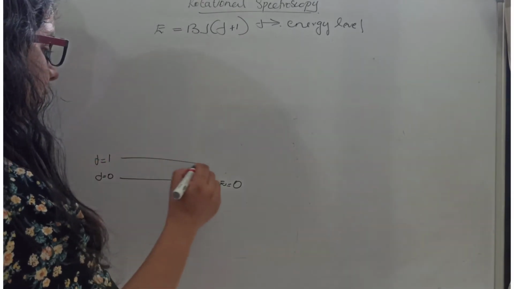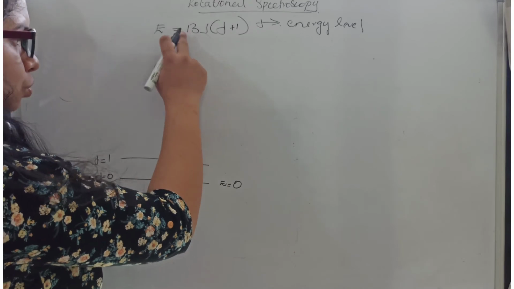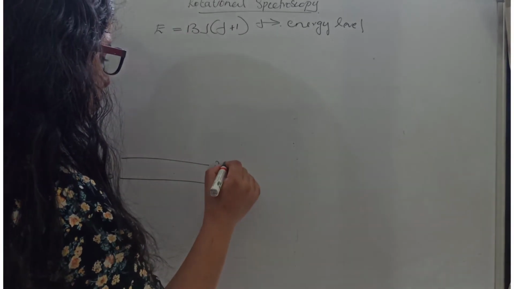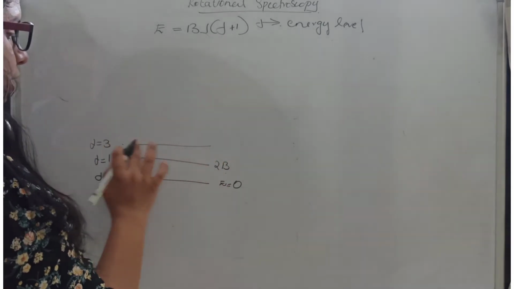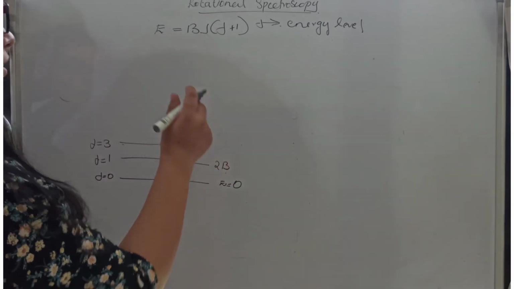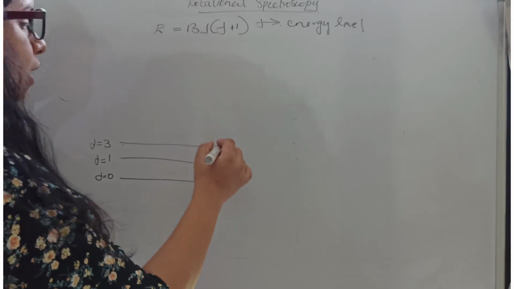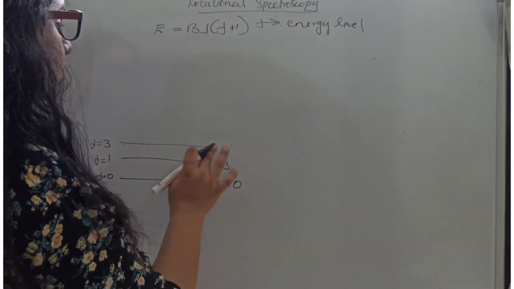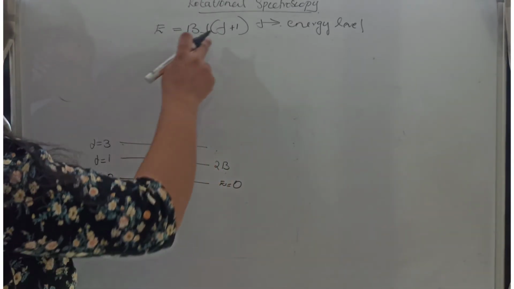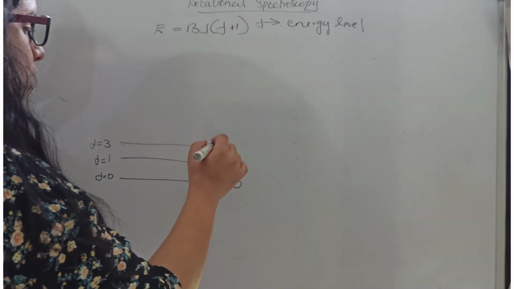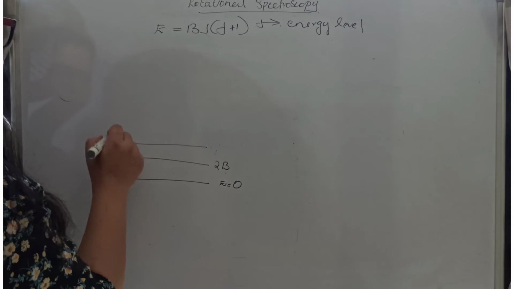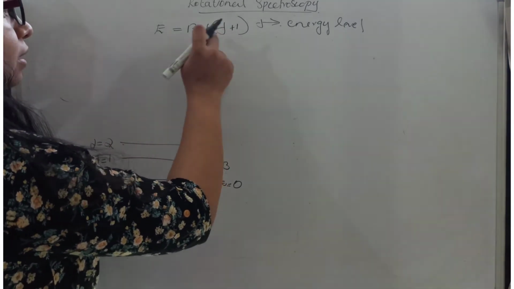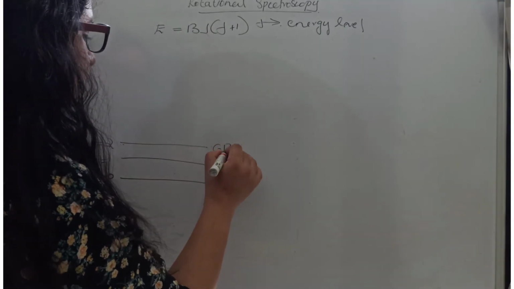Now when j is equal to 1, 1 plus 1 is 2, so 2B. Now j equal to 2: 2 plus 1 is 3, 3 into 2 is 6, so 6B.